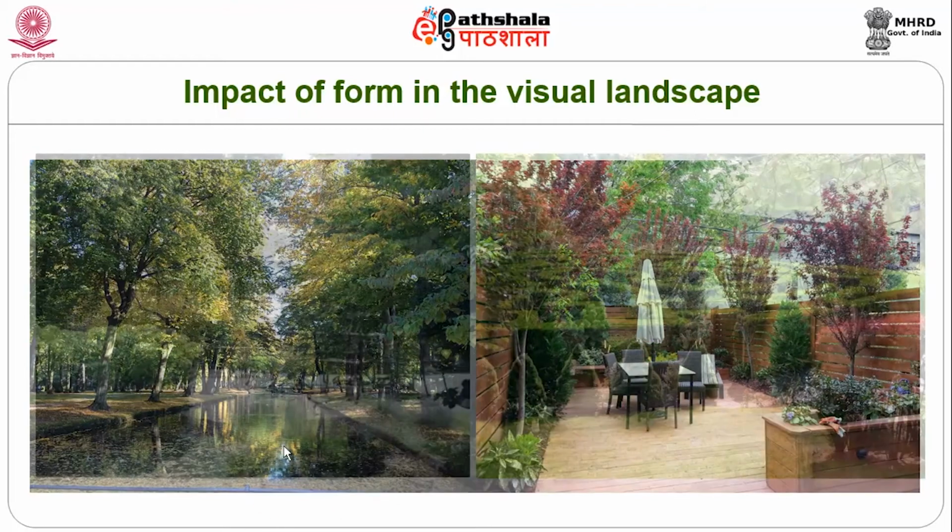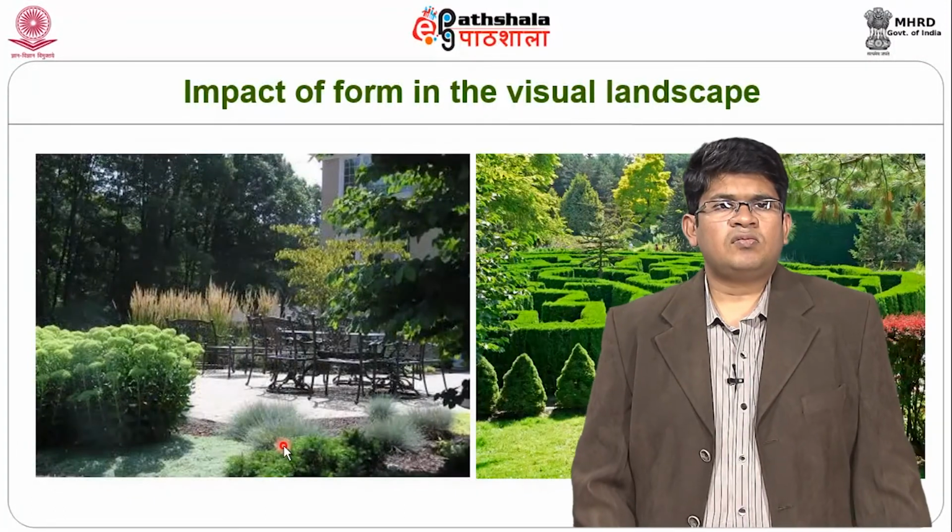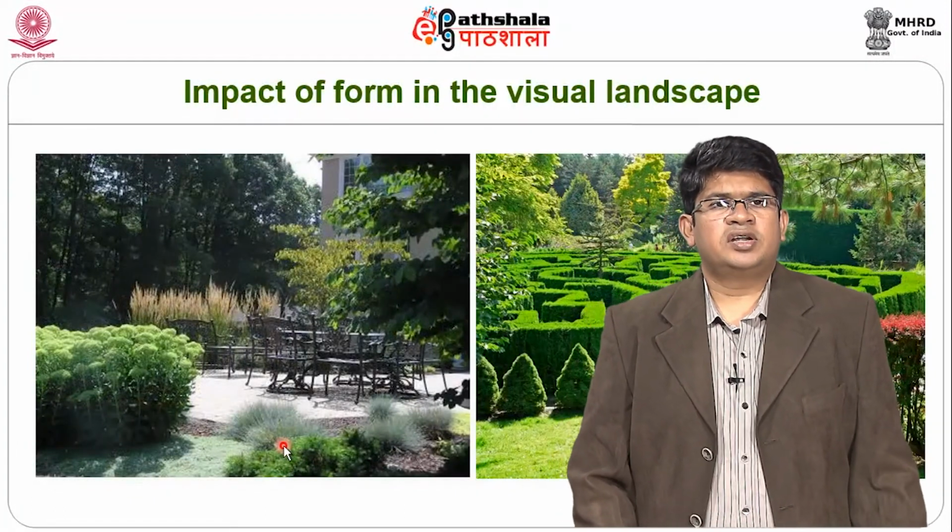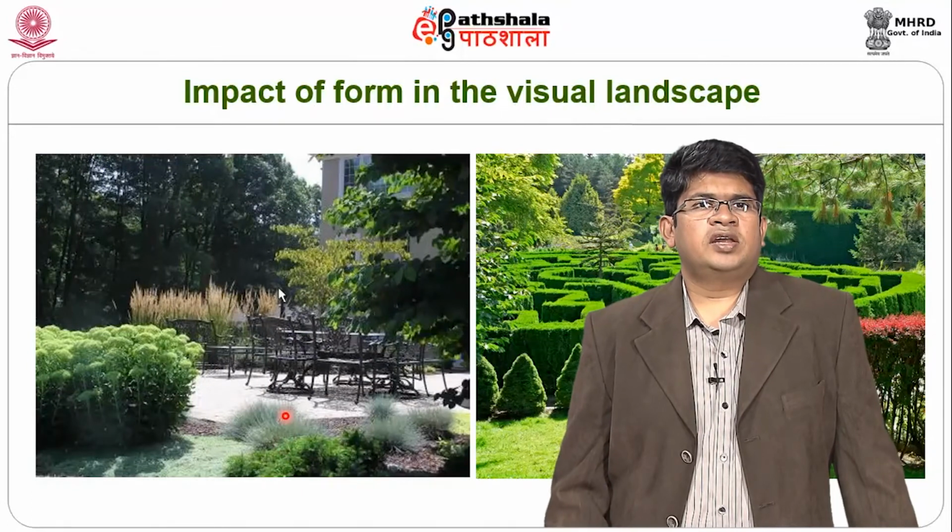Here you can see another type of character where we have a mix of different types of forms. In front you see the tussock kind of forms closer to the ground level.